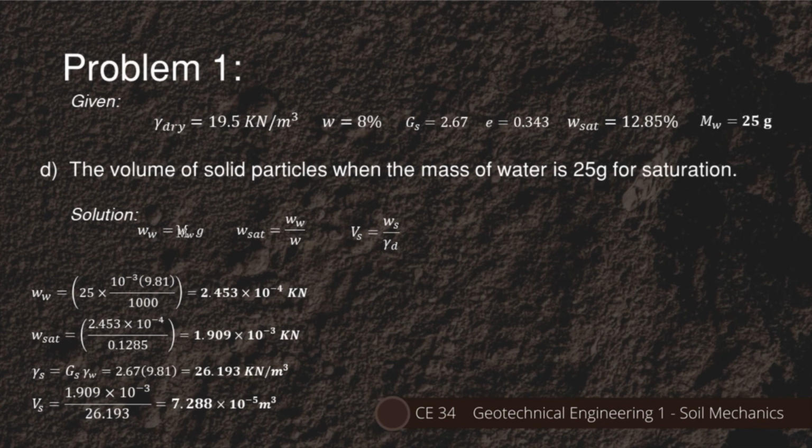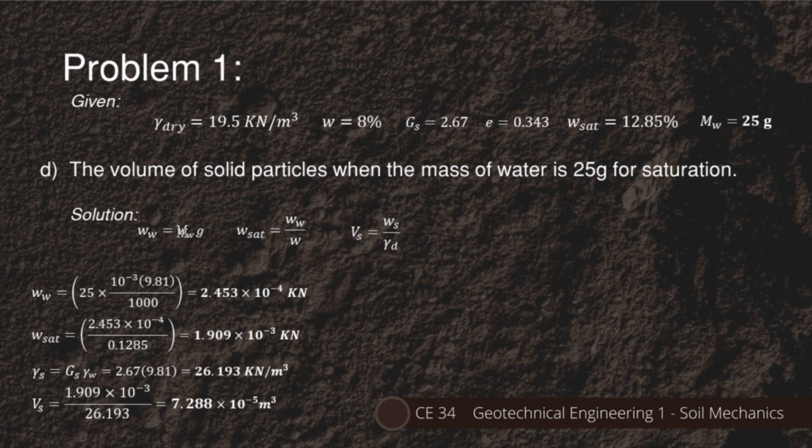Now, to solve for the volume of the solid particles, we need to find first the unit weight of the solid, which is equal to the specific gravity of the solid times the wet sample's unit weight, which is equal to 2.67 times 9.81, which is equals to 26.193 kilonewtons per cubic meter. We now have the values to solve for the volume of the solid particles.